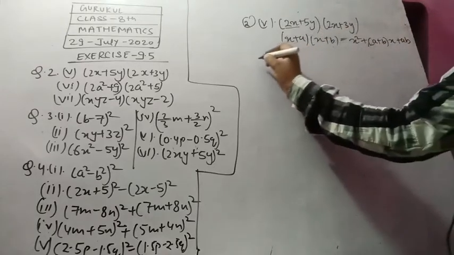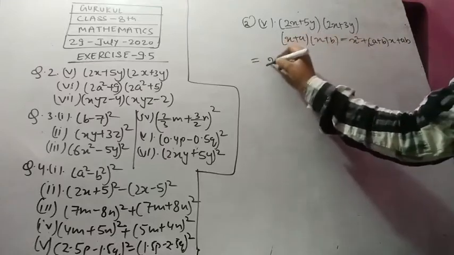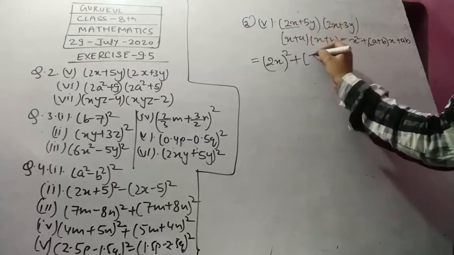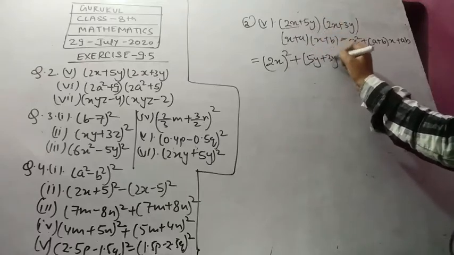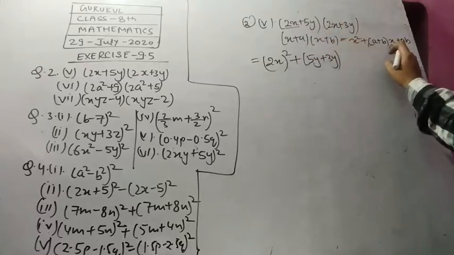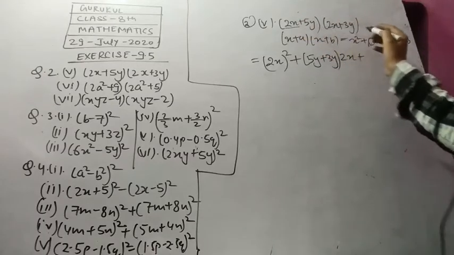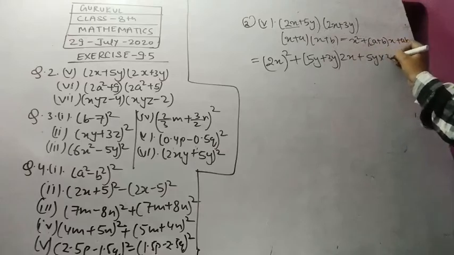So apply the same identity. This will be (2x)² plus (5y + 3y) into 2x, plus 5y into 3y.